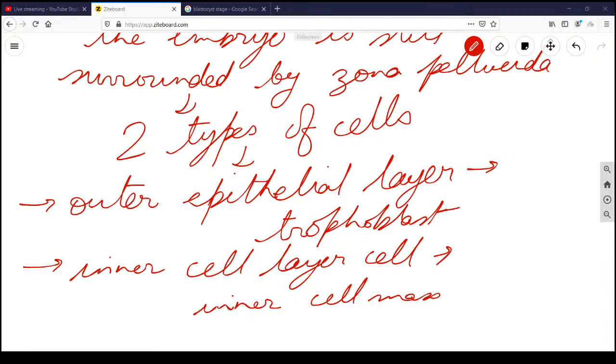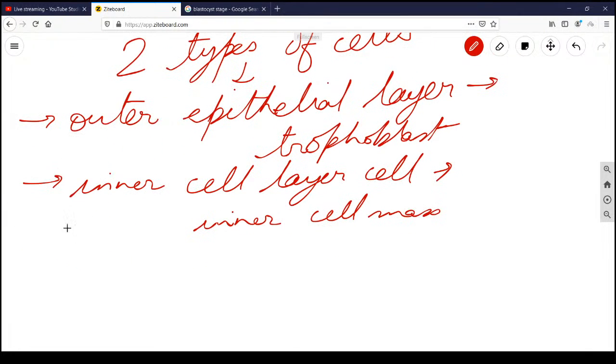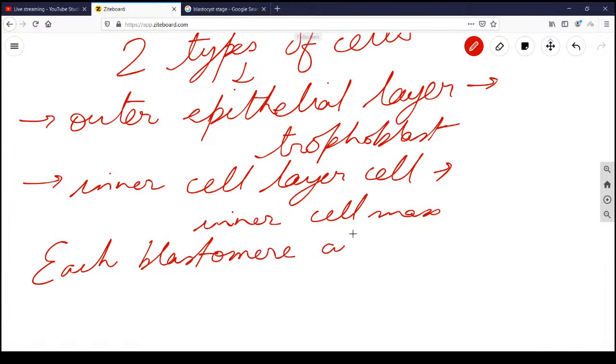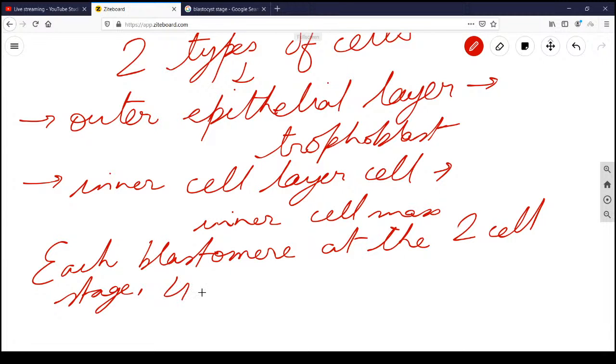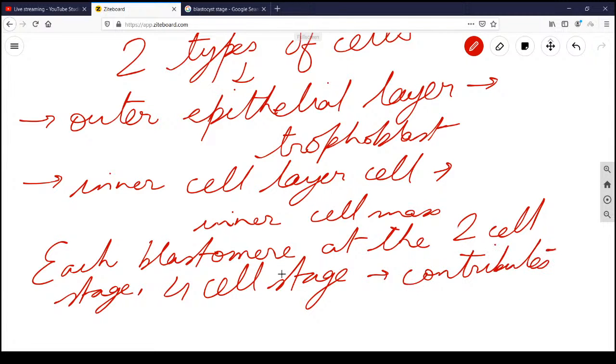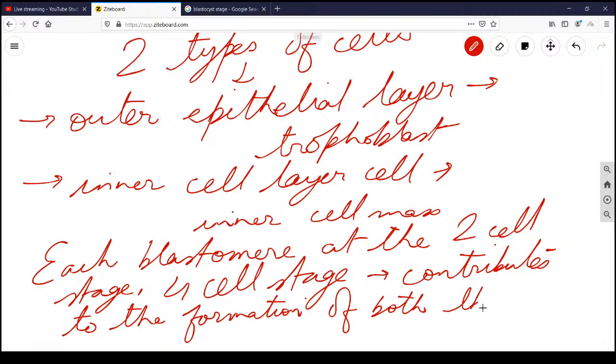Always remember, when the blastomere was at the 2 cell stage or 4 cell stage, it contributes to the formation of both cell layers.